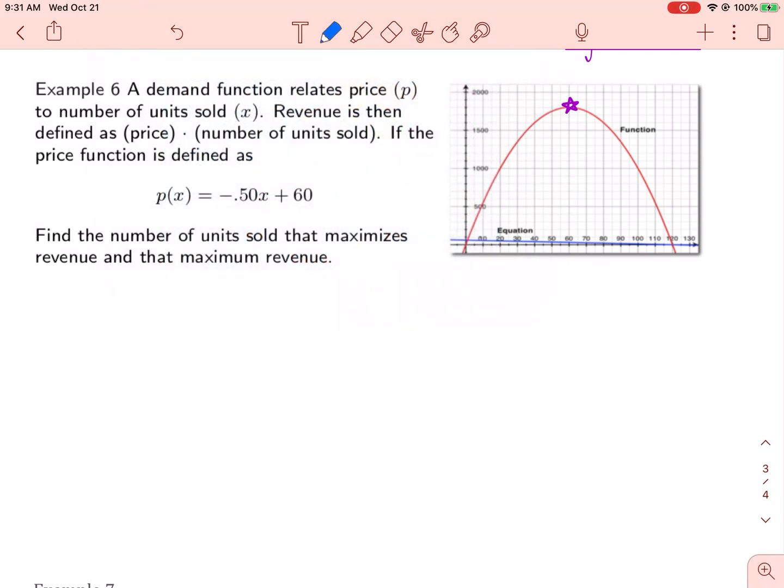So quick recap from day 14. What we did is we took revenue, which is price times number of units.